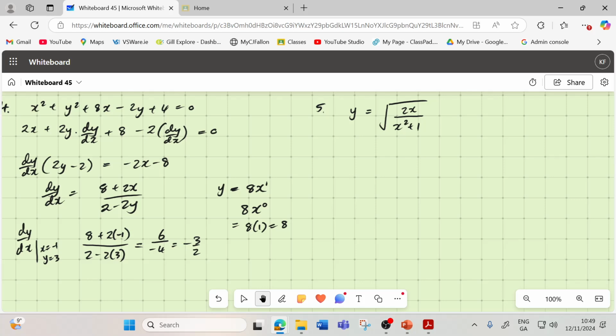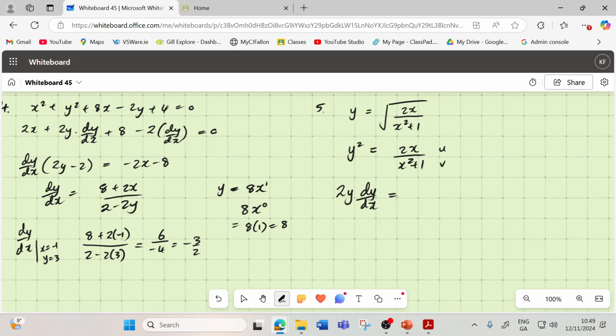Now, the other question is implicit differentiation, and what we do here is square both sides to get rid of the square root. Because it's implicit differentiation, we write y squared equals x squared over x squared plus 1. Differentiating the left gives 2y dy/dx.